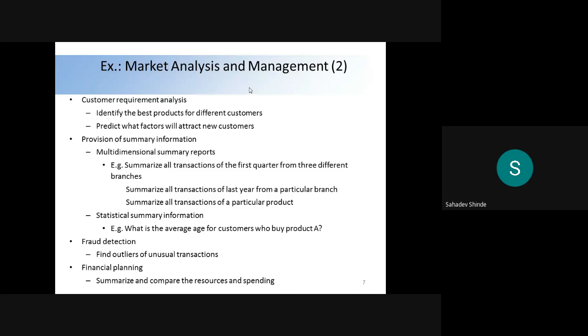Fraud detection: find outliers of unusual transactions. And again financial planning: summarize and compare the resources and spending. So all these are very important applications for data mining techniques.